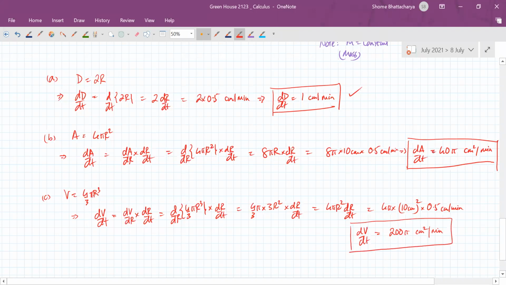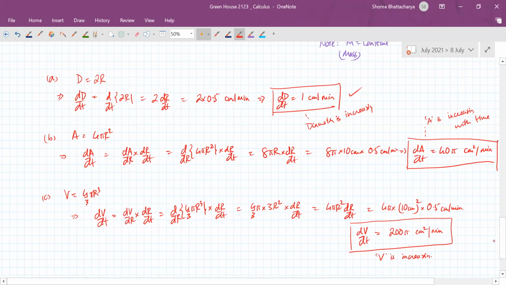Now see, the important thing is all these are coming with plus sign. So area is increasing with time. You can see diameter is increasing with time. Same with volume. But density will be decreasing with time when we calculate.